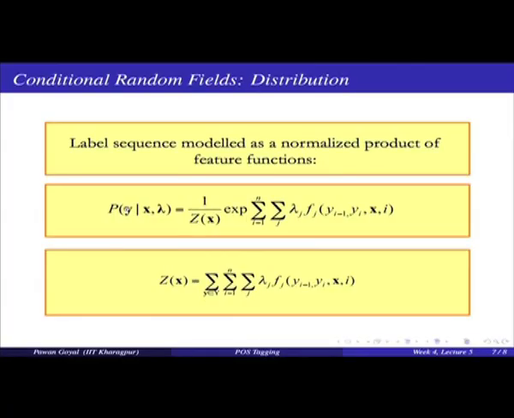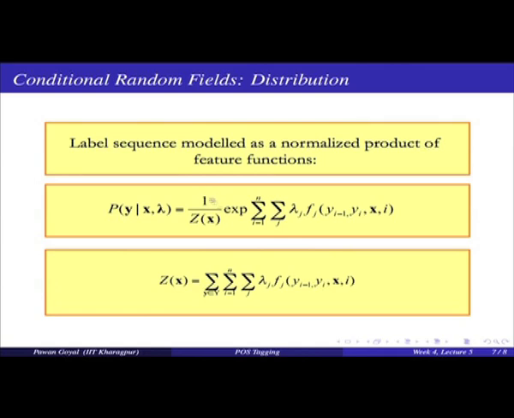We will compute the expectations of feature values for each possible transition over the whole sequence, and then I will do normalization. You can see that from the probability function here. So y is a whole sequence y1 to yn given the input sequence x1 to xn, and lambda is the feature weights that you will learn.